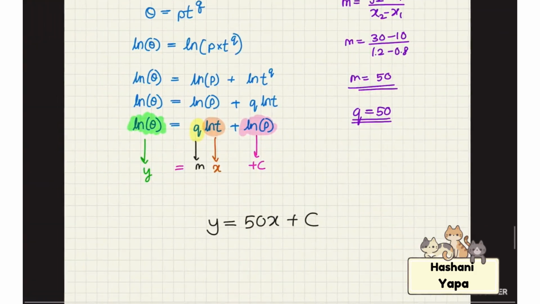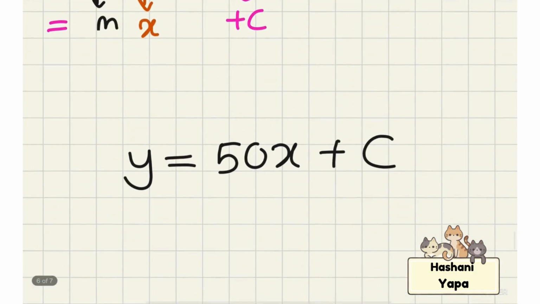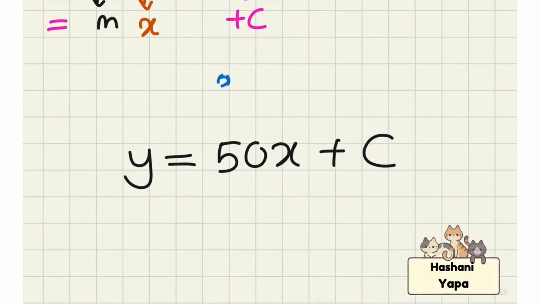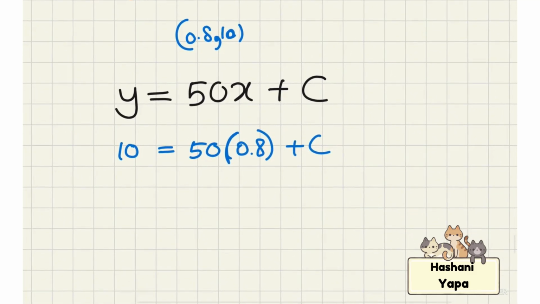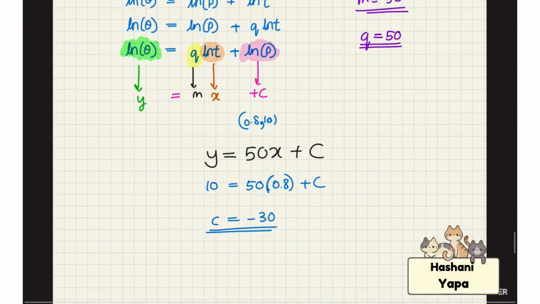You can pick the other one if you want. So y is 10, 50, x is 0.8, plus c. Now if you solve this, you're going to get the c value as minus 30. What does that mean? The ln p is equal to minus 30.